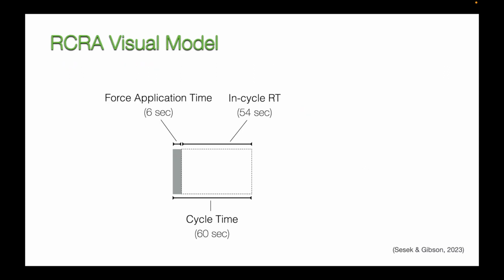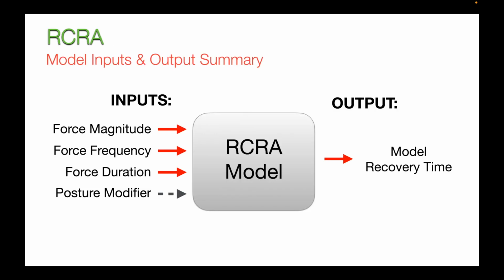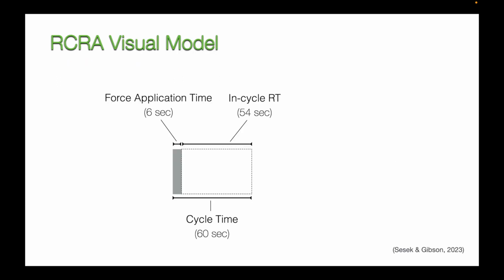Okay, this is an RCRA visual model to help us understand how the model works. And notice we have a 60-second cycle. We have force applied for 6 seconds. The remaining time, that white space in between the forces, is the in-cycle recovery time. And how do we know if that's sufficient recovery time for those forces that we applied?